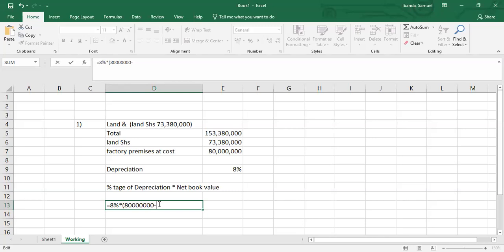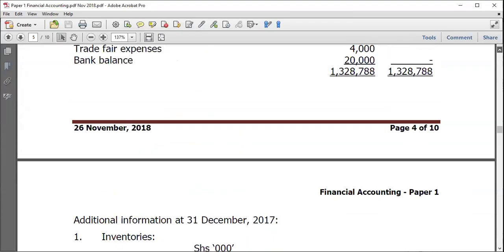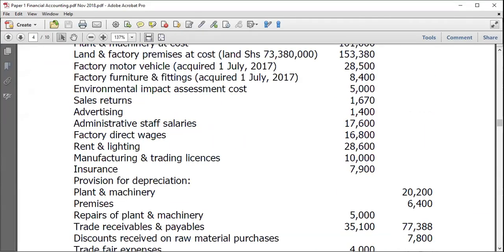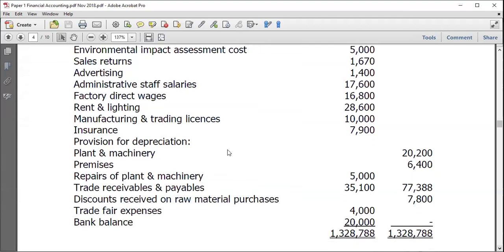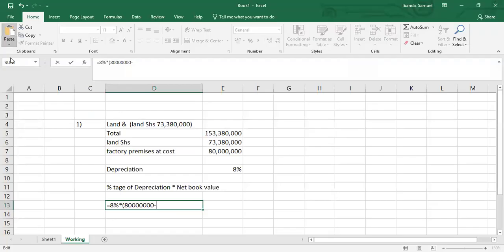Then we are now going to remove the accumulated depreciation at the start of the period. So when you come to this question, ours is to go back up and see which is our accumulated depreciation for this factory premises. Do we see the 6,400? This is the 6.4 million, which I'll bring here.